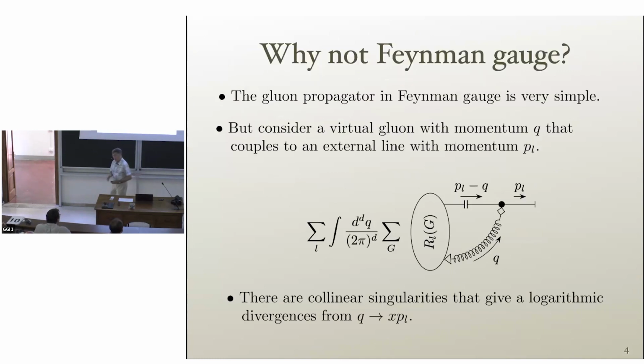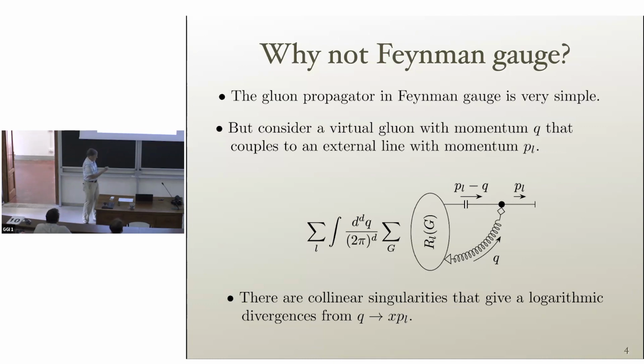So first of all, why not just use Feynman gauge? It's incredibly simple. But consider a virtual gluon. Here's my virtual gluon, connecting to an outgoing on-shell massless line on some kind of graph. This just designates a completely complicated graph with other external lines.